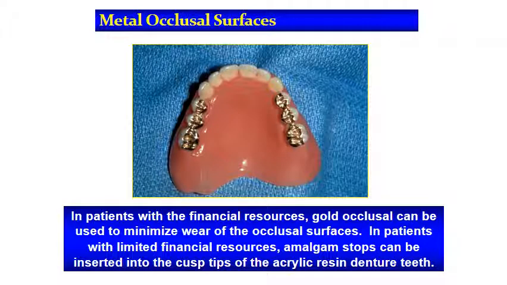Metal occlusal surface: in patients with financial resources, gold occlusal surface can be used to minimize the wear of the occlusal surface, and in patients with limited financial resources, amalgam stops can be inserted into the cusp tips of the acrylic resin denture teeth.